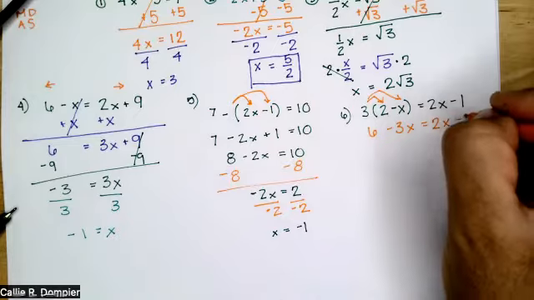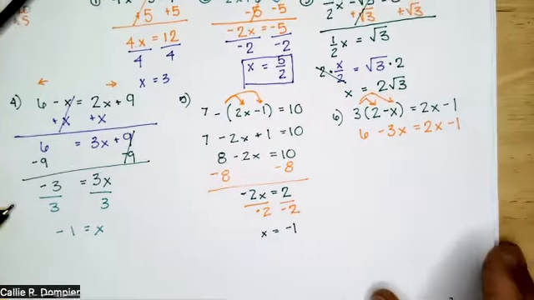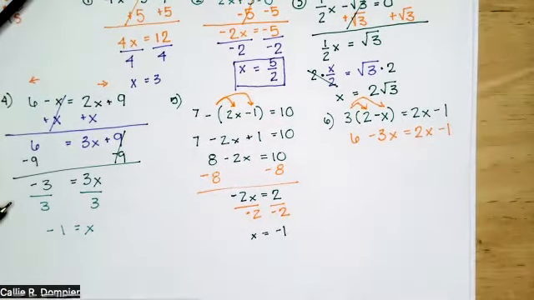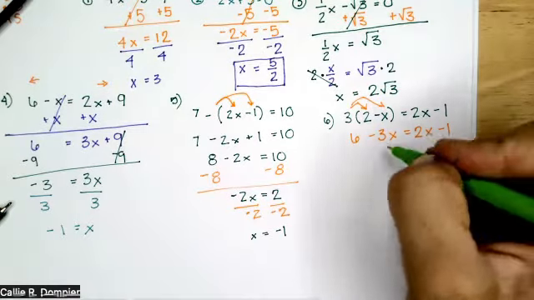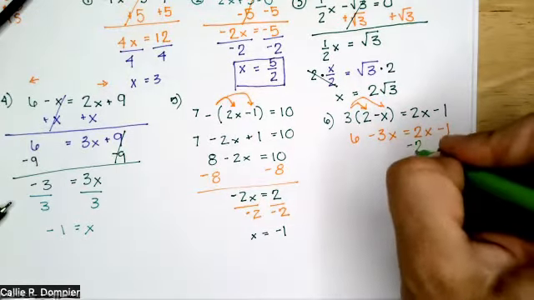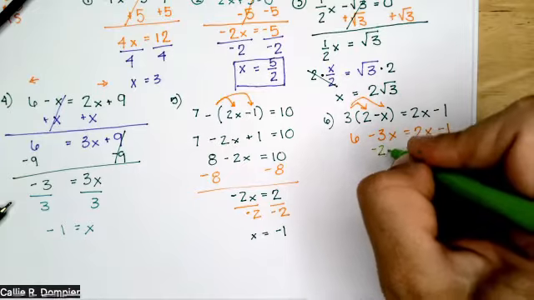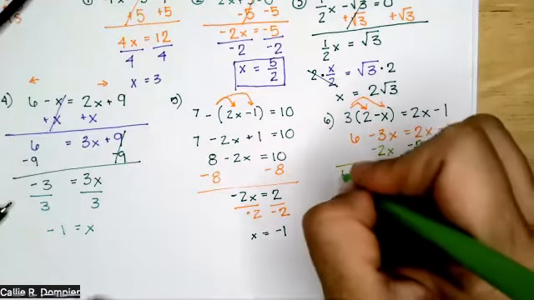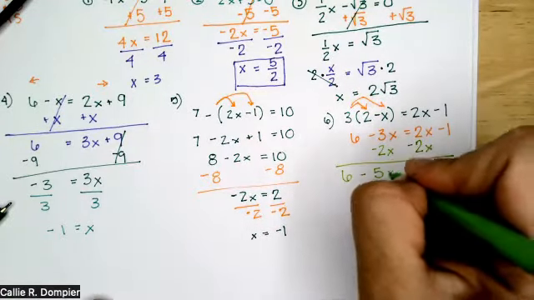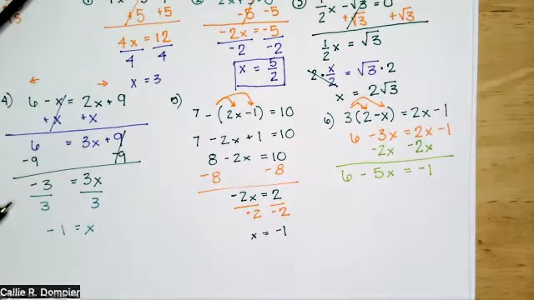Everything over here stays the same. I'm going to move the x's to one side and the whole numbers to the other. So this time I'll do it to where the x is negative, but it's up to you. It does not matter. Now I have 6 minus 5x equals negative 1. Good.